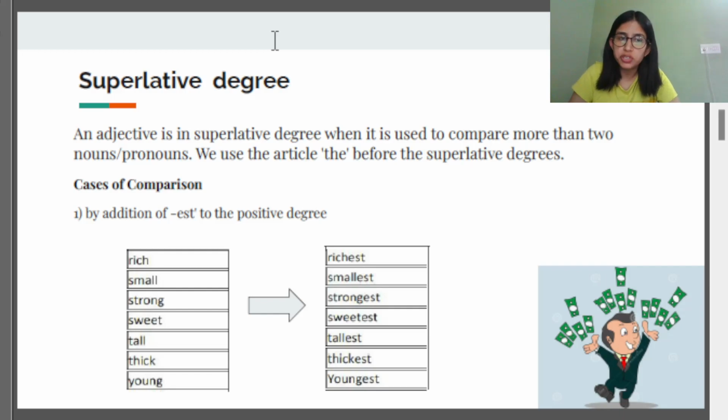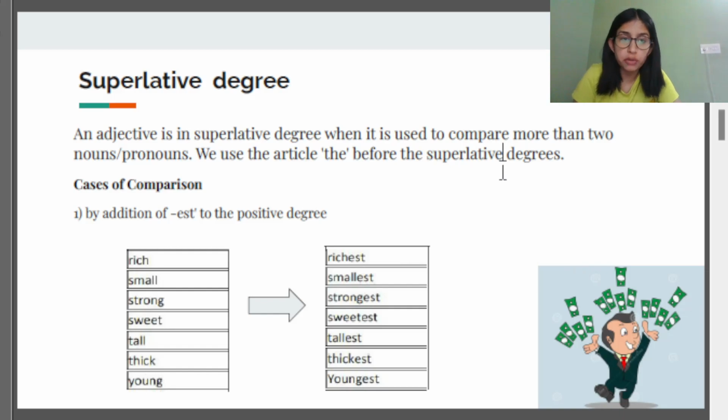So we have rich, richest, small has become smallest, strong has become strongest, sweet has become sweetest, tall has become tallest. In the same way, thick has become thickest, and young has become youngest. So now we have converted these positive degrees into superlative degrees with the use of est in the end.